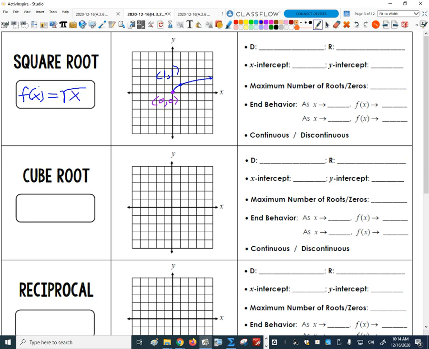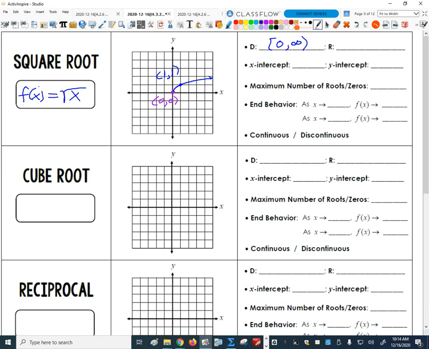So this time, what's the domain of this one? It would be the bracket 0 and then infinity. Okay, how about the range? Would it be all real numbers? The range, the y values?